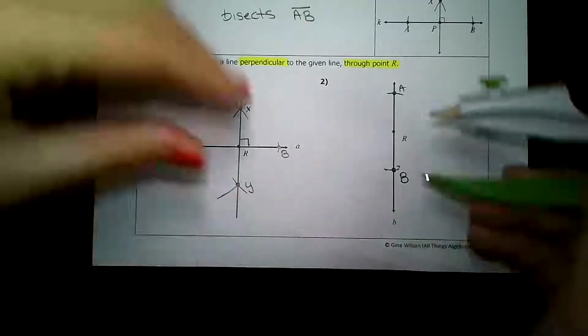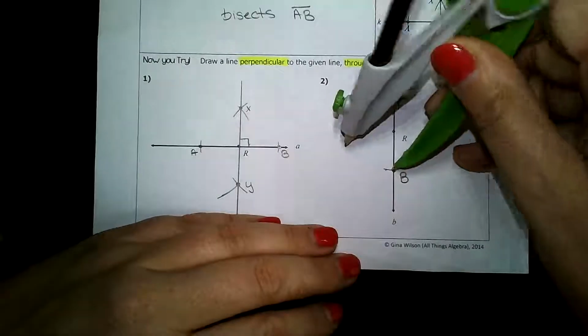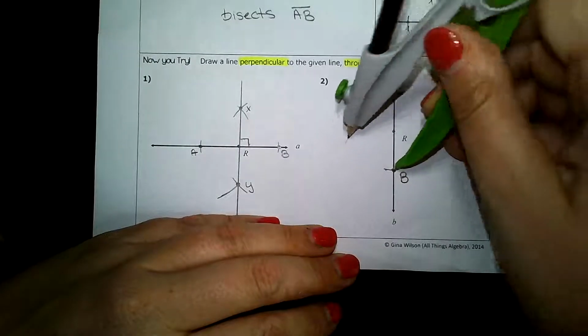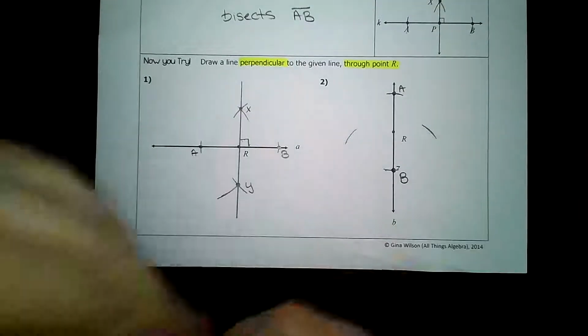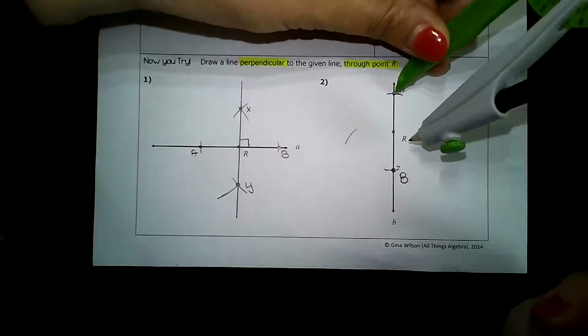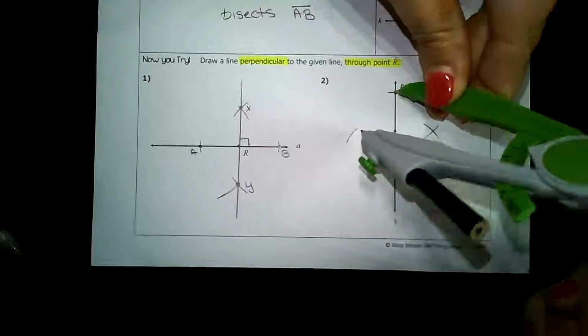Now, open up the compass a little wider so that you can make your intersections from each point, and they should meet each other. Okay.